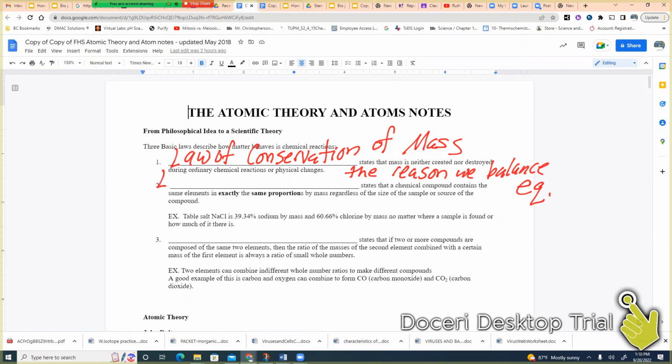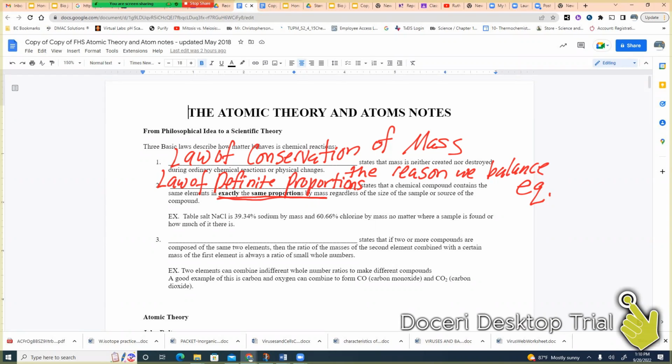The other one is the law of definite proportions. And that states that a chemical compound contains the same elements in exactly the same proportion by mass, regardless of the size of the sample or the source of it.